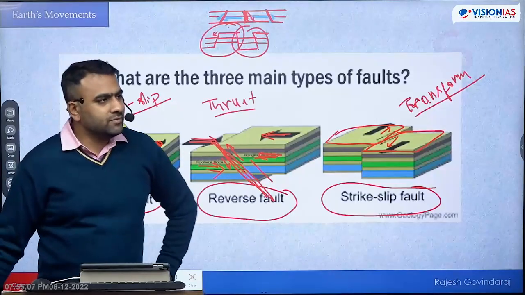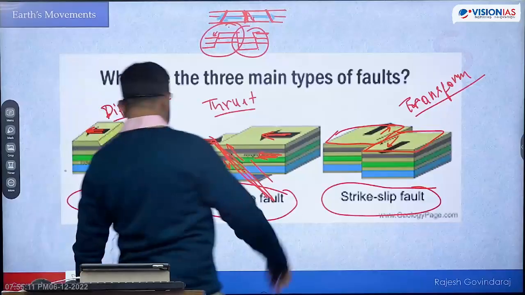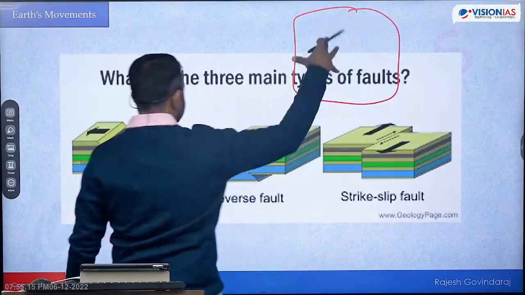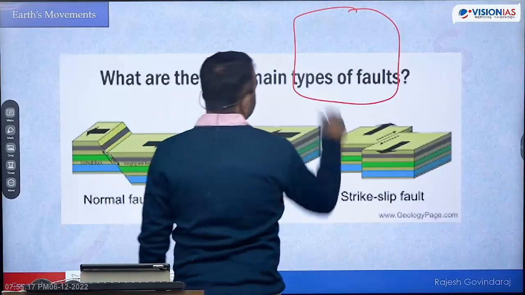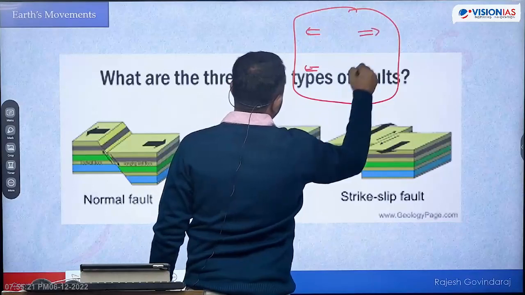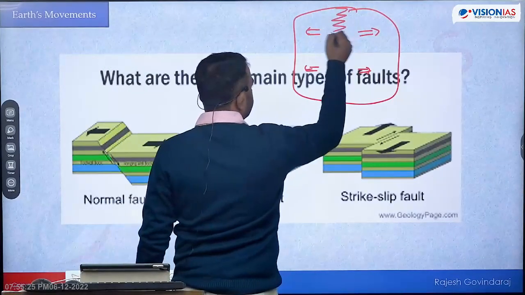See, when this faulting happens, it happens over a very large area. Okay, so let's take a large plateau region. ऐसा बड़ा सा ऊपर से, let's say this is the top view. Fine, and the forces are trying to break this plateau into multiple different parts, and because of which there is a cracking of rocks.